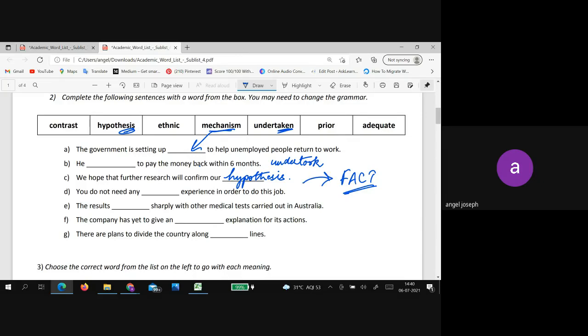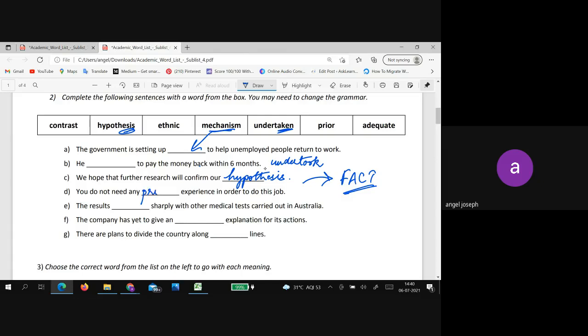Okay, so let's go ahead. Let's do number D. You do not need any dash experience in order to do this job. Prior. Prior. Everyone agrees to that?